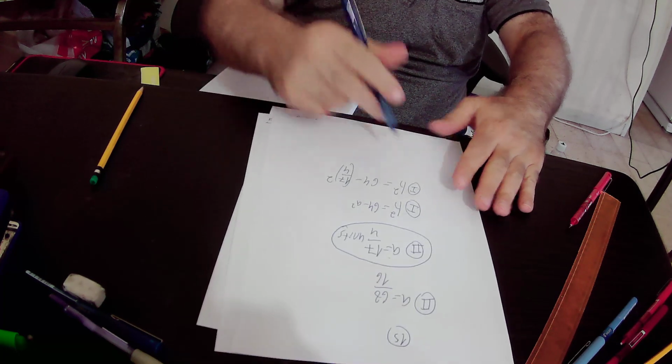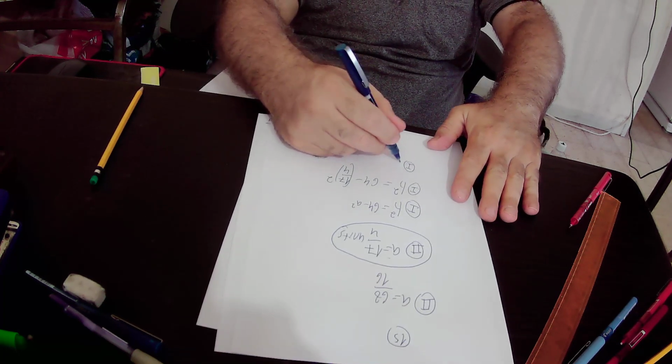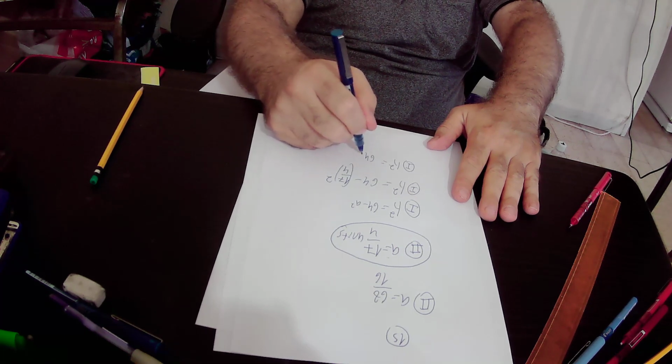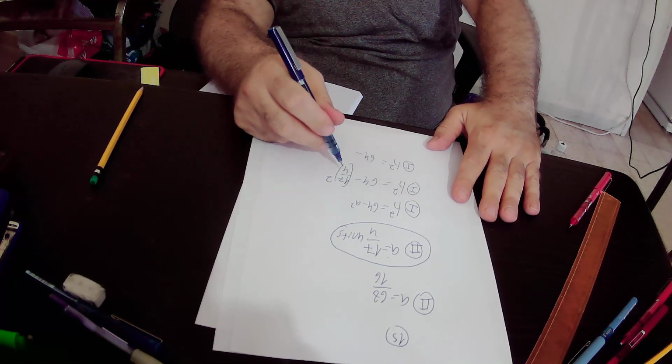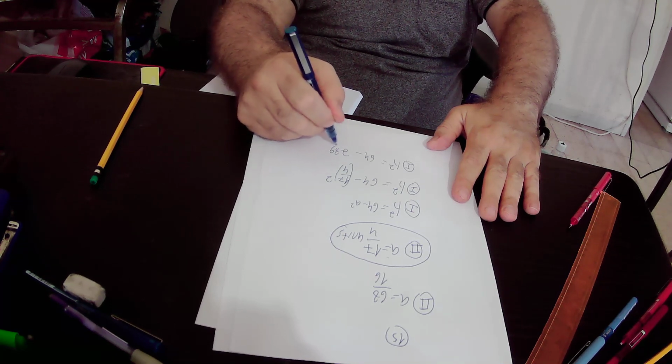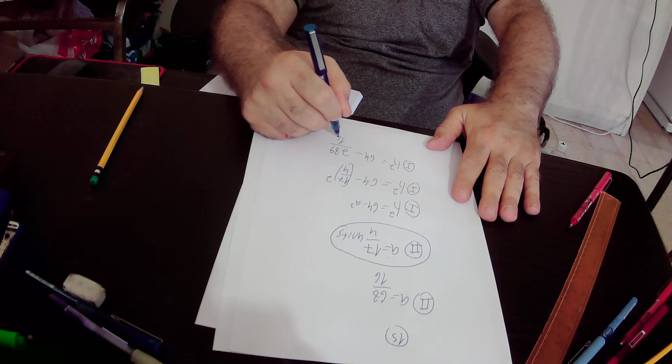And here H squared will be equal to 64 minus 17 squared, which is 289, over 4 squared, which is 16.